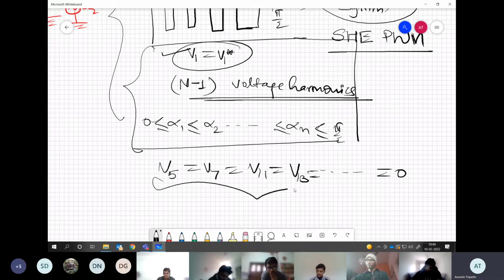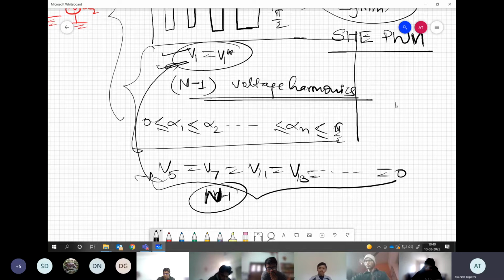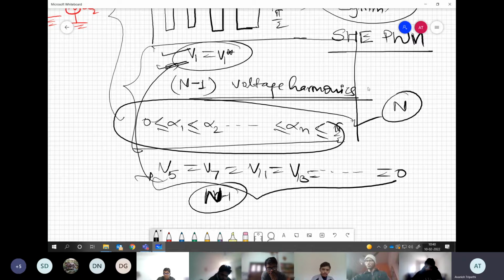So all these N-1 equations for the harmonics, and V1, together will form this set of N equations that you will solve, considering this inequality, to get the selective harmonic PWM. Understanding my point? So this is one technique, right?